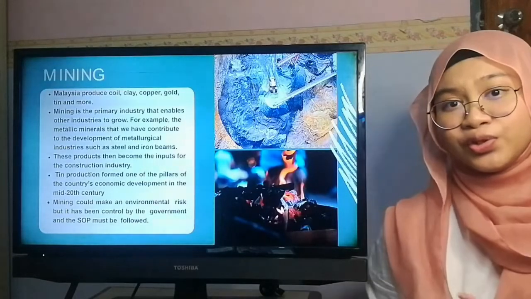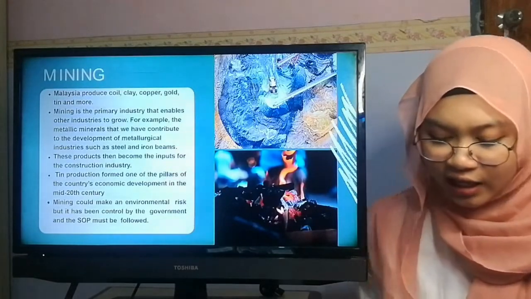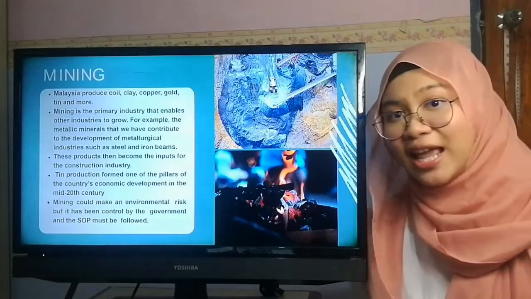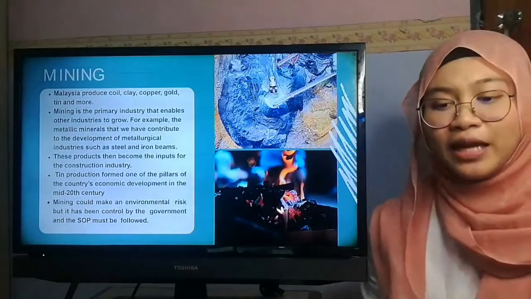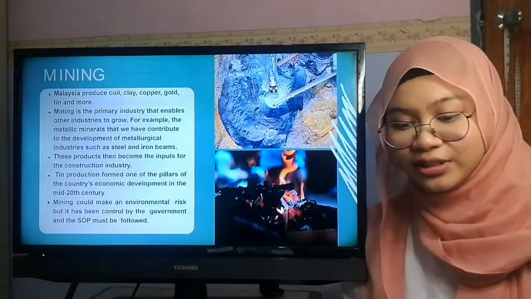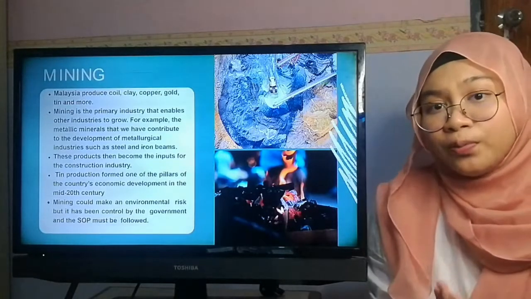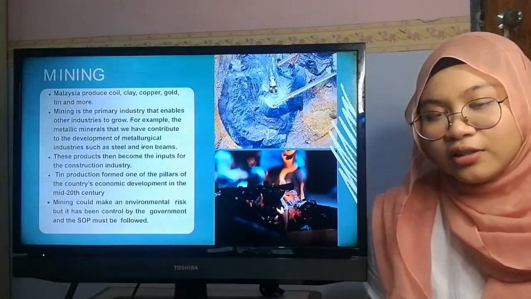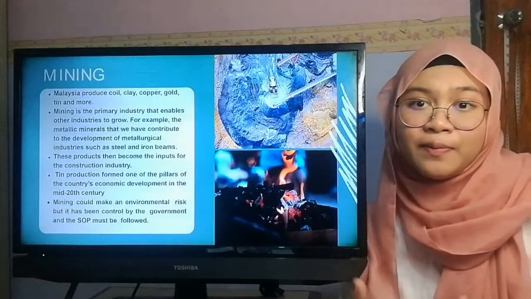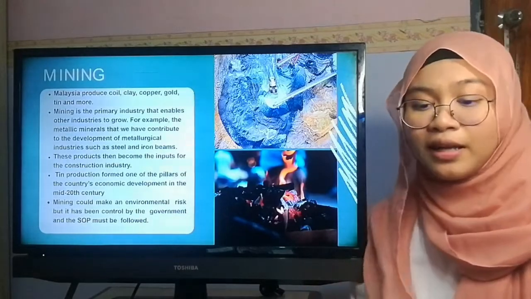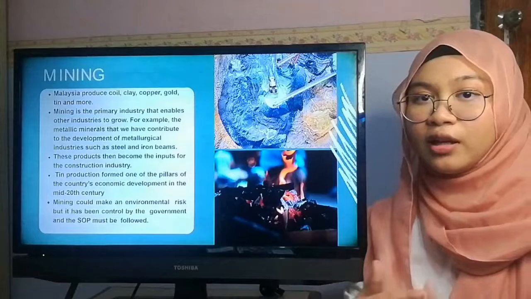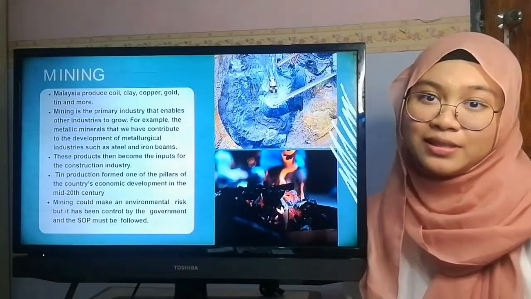This is due to improved production in crude, condensate, and natural gas. Mining could pose an environmental risk, but it is controlled by the government, so the SOP must be followed by those who do mining, or they will not get the premise.